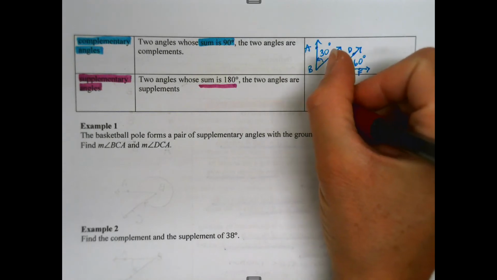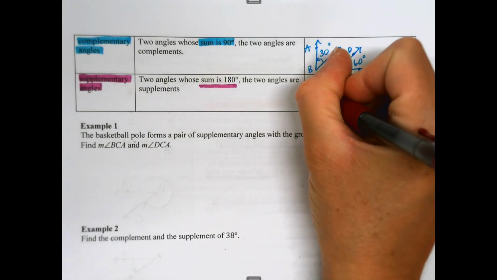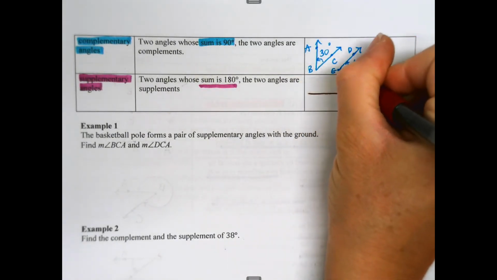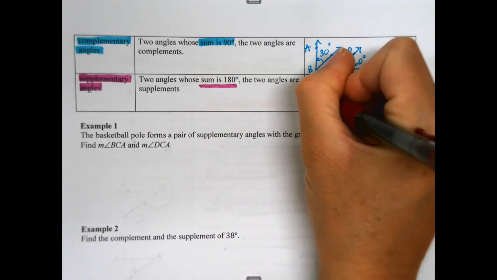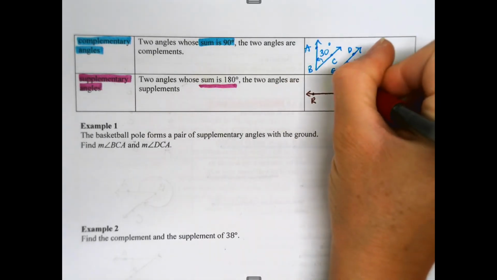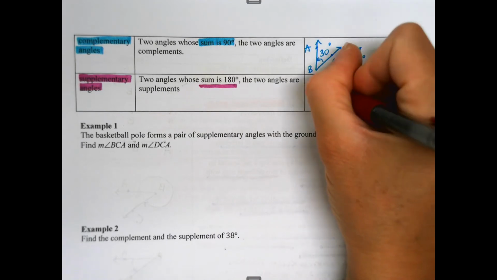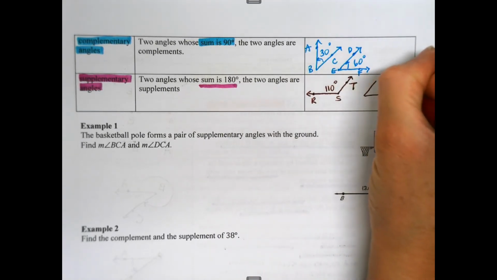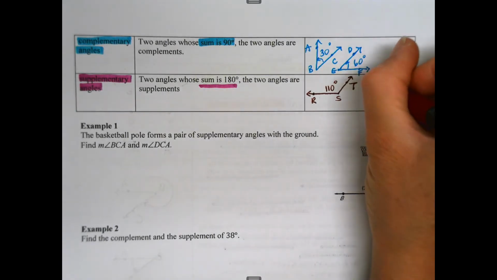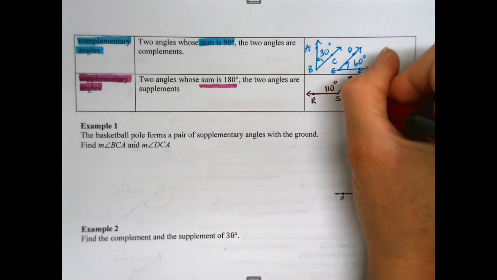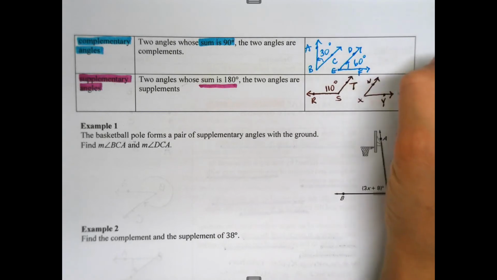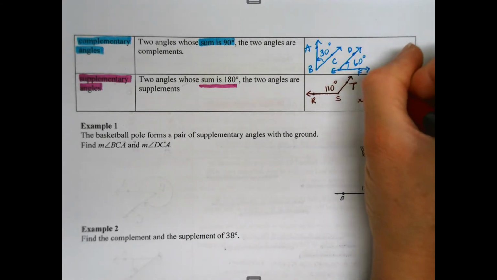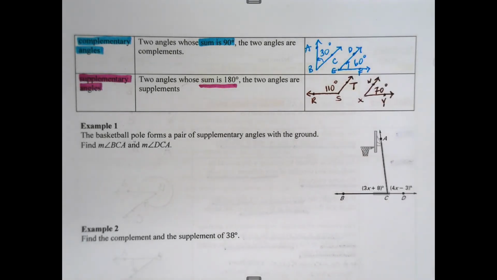An example would be something such as if we have an angle RST that is 110 degrees, and we have an angle WXY that is 70 degrees. When we add those two angles together, we end up with 180 degrees.